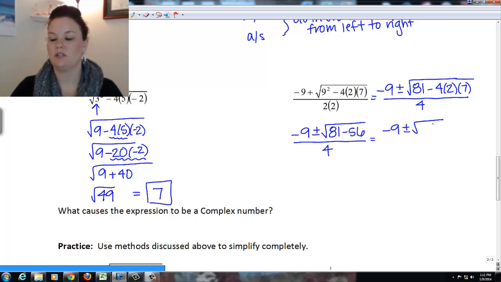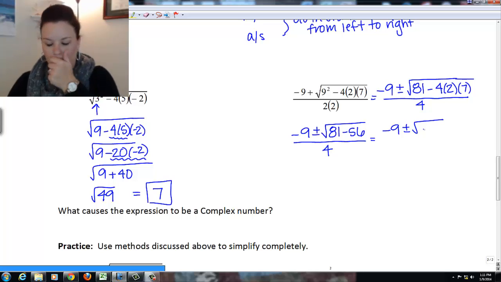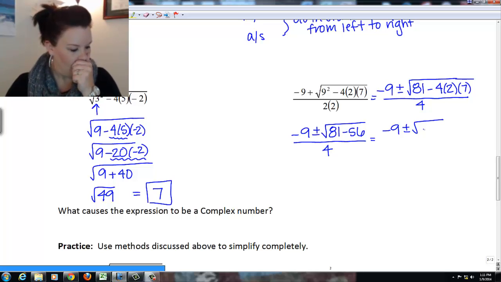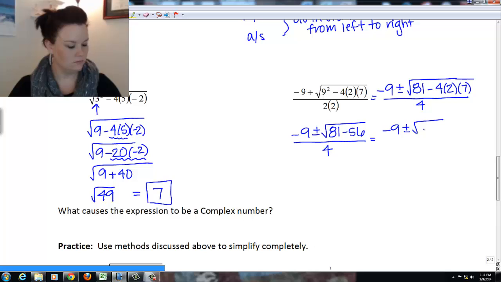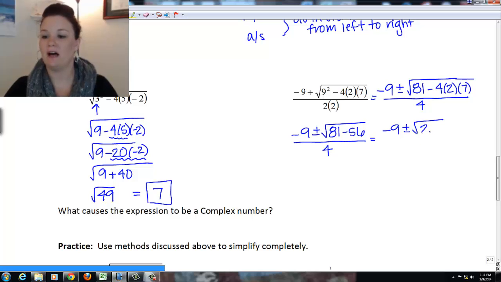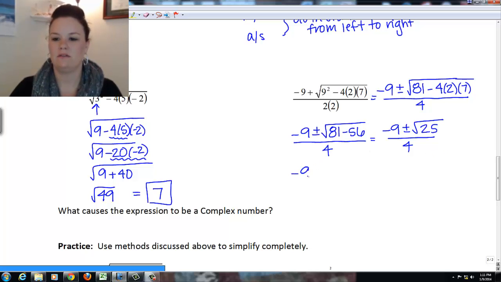And I keep going. Combine my two numbers underneath the radical. When I do 81 minus 56, that leaves me with 25 all over 4. And then I know the square root of 25, right? Negative 9 plus or minus 5 all over 4.